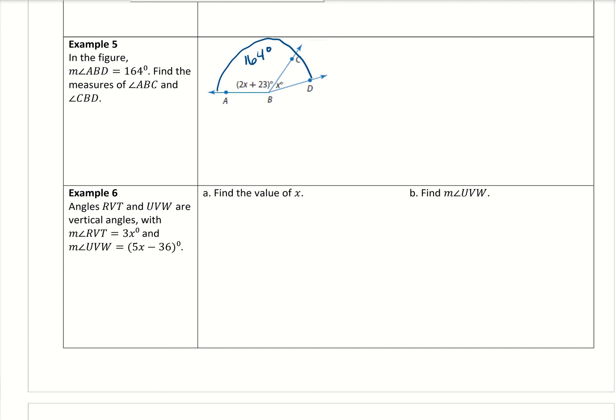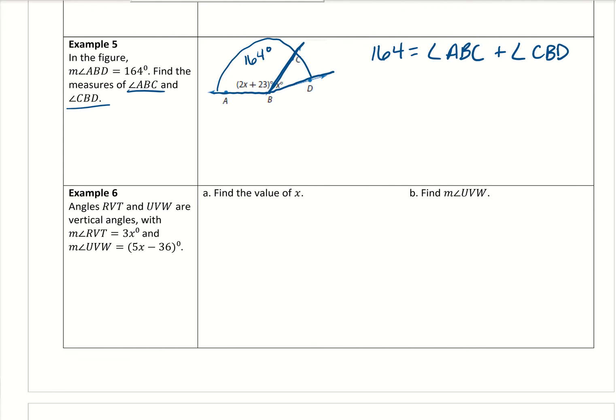So we know that both of these two angles combined, ABC and CBD, give us that 164. So I'm going to put in 164 equals angle ABC plus angle CBD.